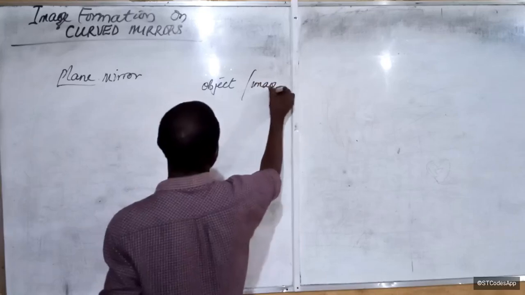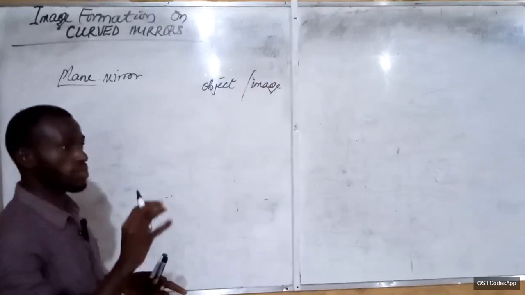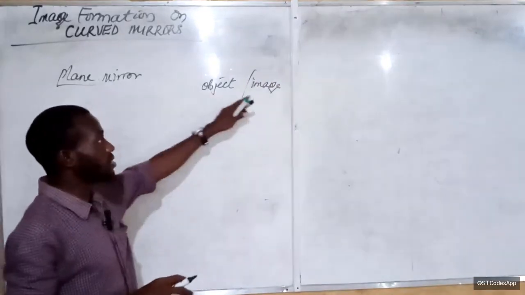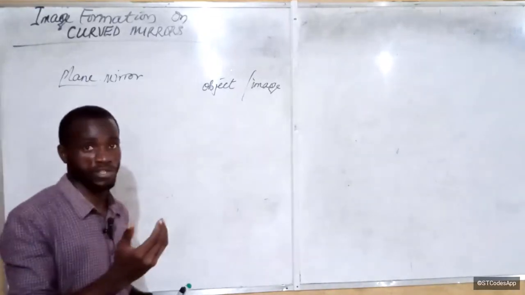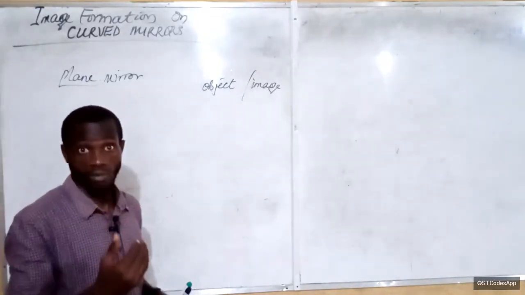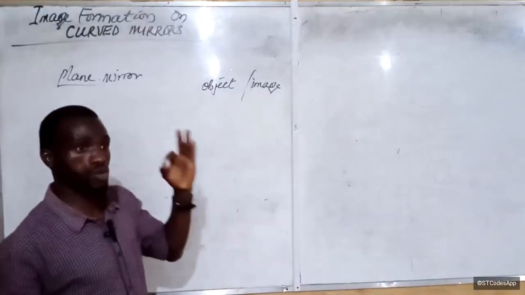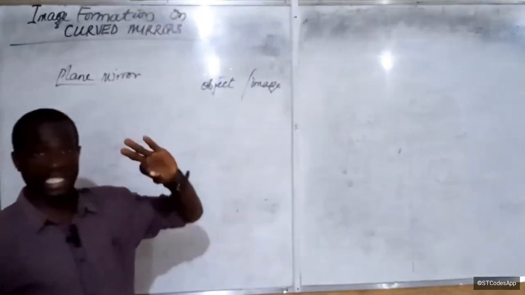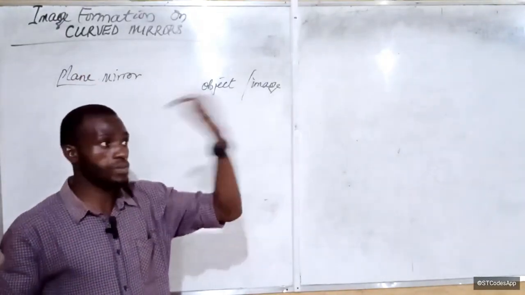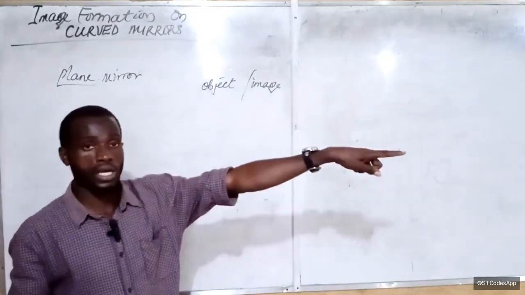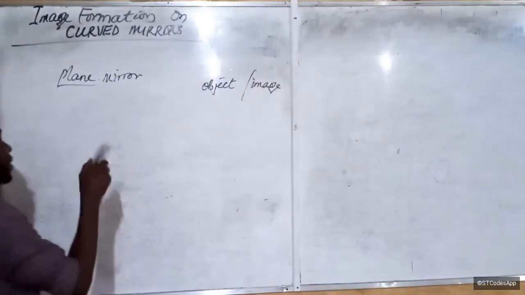What is formed on the mirror is the image, and what is placed in front of the mirror is the object. The mirror is a reflective surface, so it operates by the principle of reflection. The image is formed when a ray of light that is incident on the object strikes the mirror and is reflected back. Is that okay? So that is how we form our image on the mirror.